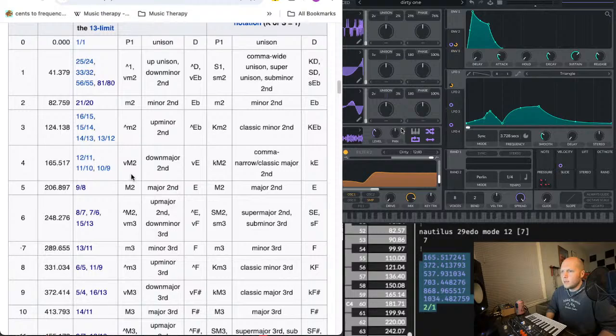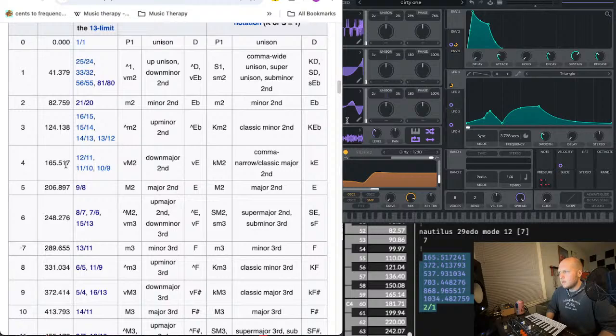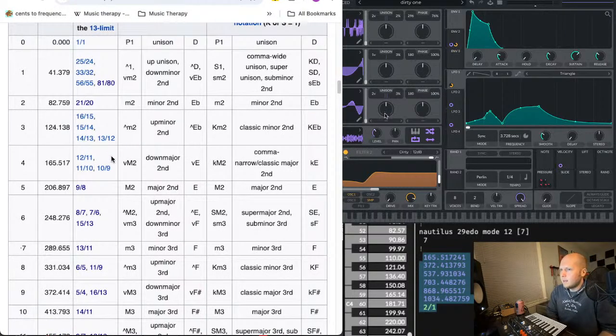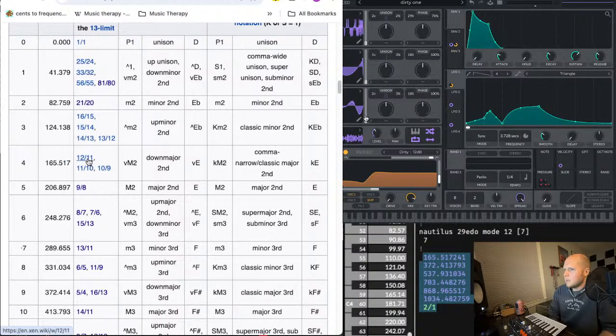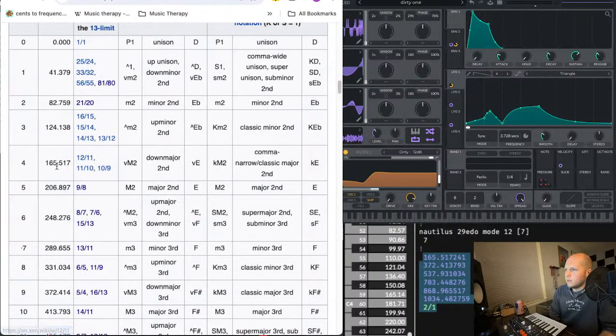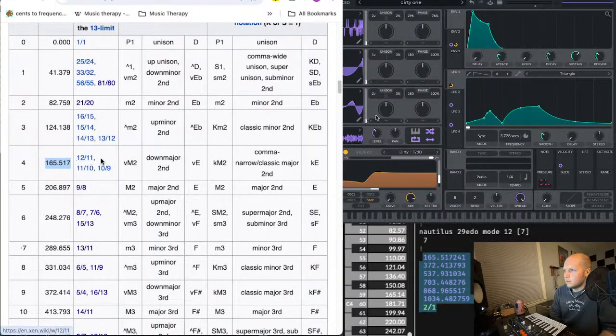It's almost right in between a major and a minor second. So when you have an interval that's a third, sixth, second, or seventh, that is normally defined by major and minor qualities. If there's an interval that sits roughly between those 2 qualities, we call it neutral. So while this is kind of leaning on the major side, it's pretty close to neutral.